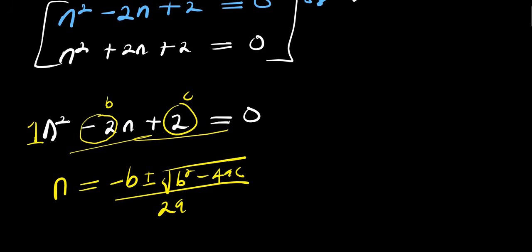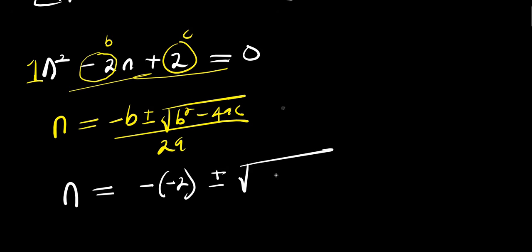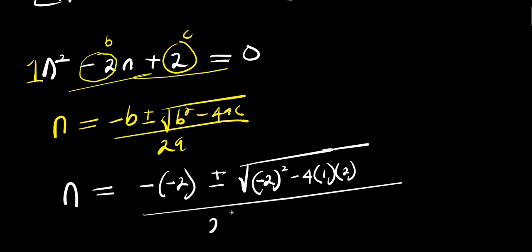So from here, we are going to have n equals negative b, that's negative times negative 2, plus or minus square root of b squared, that's negative 2 to the power of 2, minus 4 times 1 times 2, and this is divided by 2 times 1.